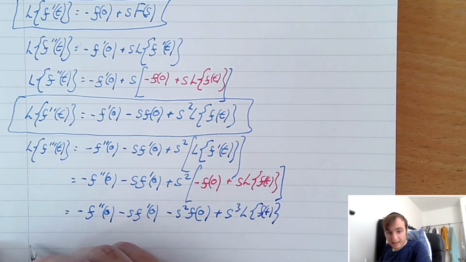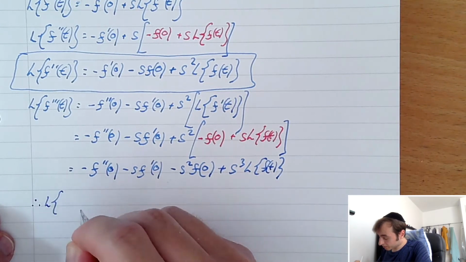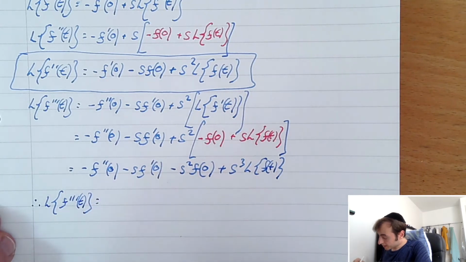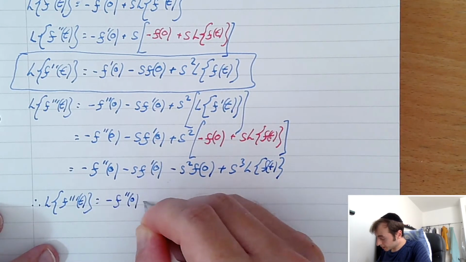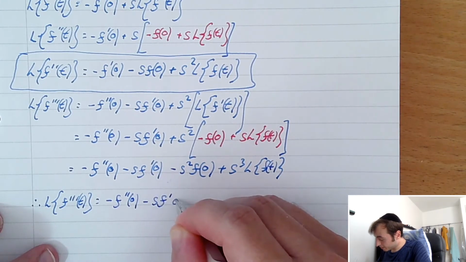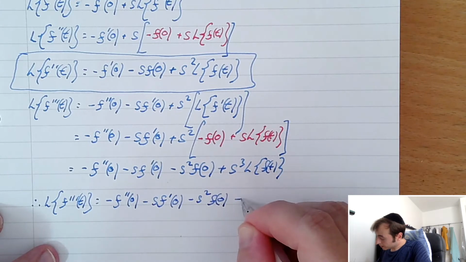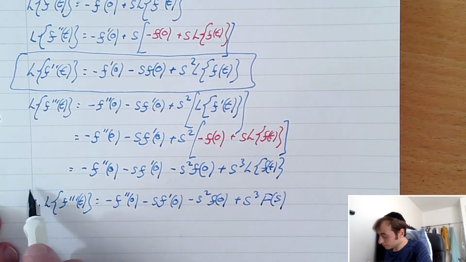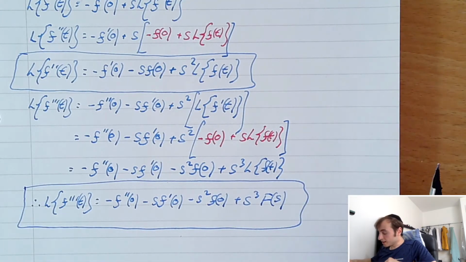So we can say, therefore, that the Laplace transform of f triple prime t is going to equal minus f double prime naught minus s f prime naught minus s squared f naught plus s cubed F of s. Okay, so I'm going to go to another page.